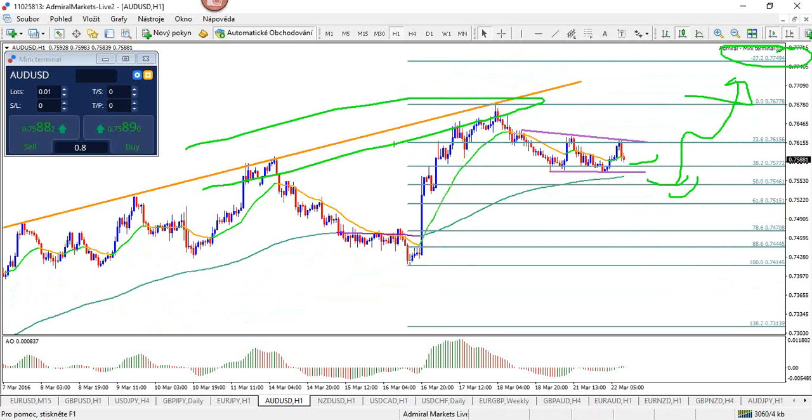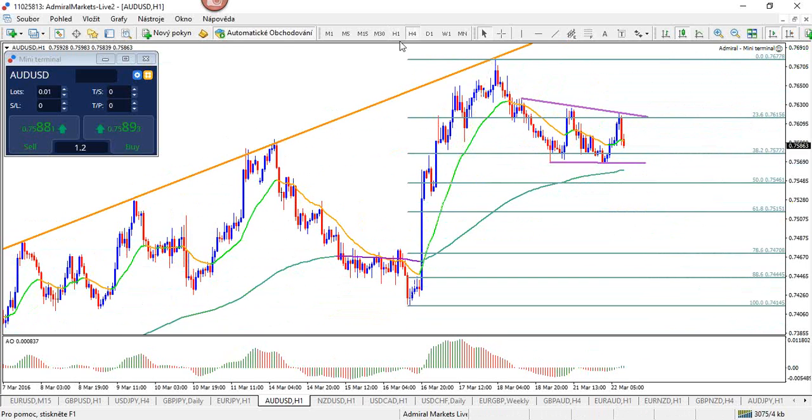There's no divergence here, so I think it still ultimately looks pretty strong. There is a 4-hour divergence though, which means that either now or after the push up, we might see a bigger correction finally on this AUD/USD. All right, pretty clear actually.